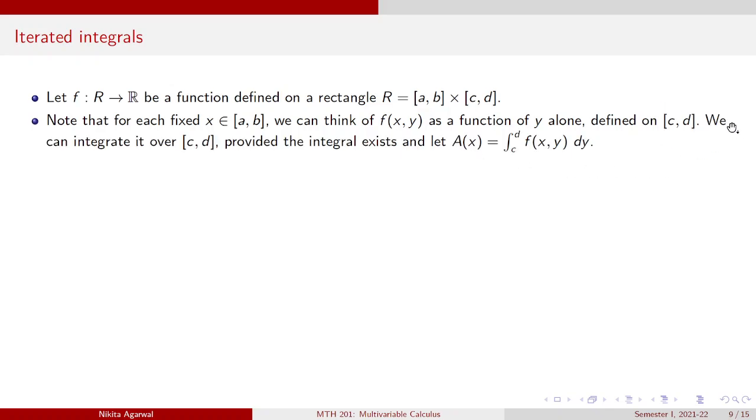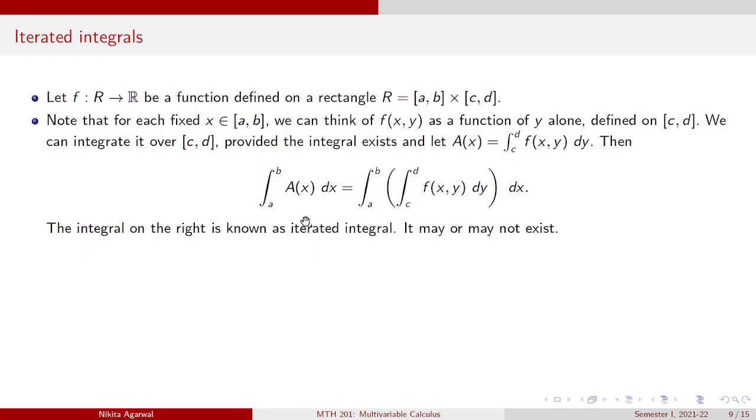Now we can integrate this function over [c,d], provided the limit exists, of course. Then you look at this integral, the integral from c to d of f(x,y) dy. Because I am integrating over y, x is fixed. So this integral will be a function of x, right? So I'll call it A(x).